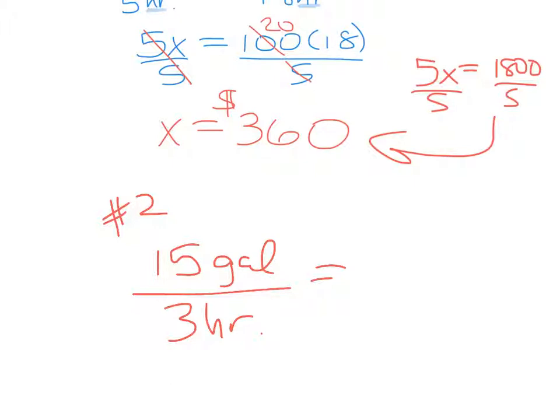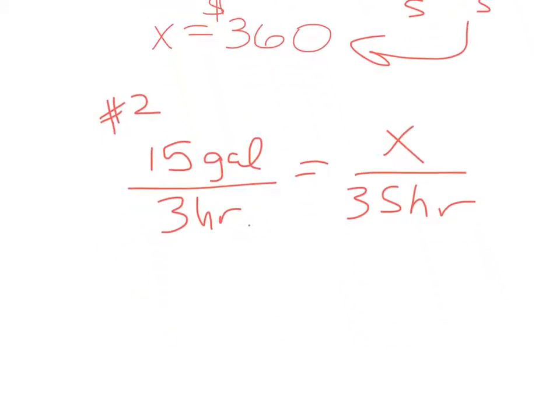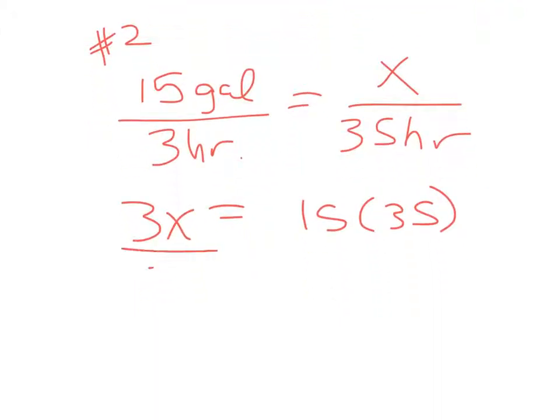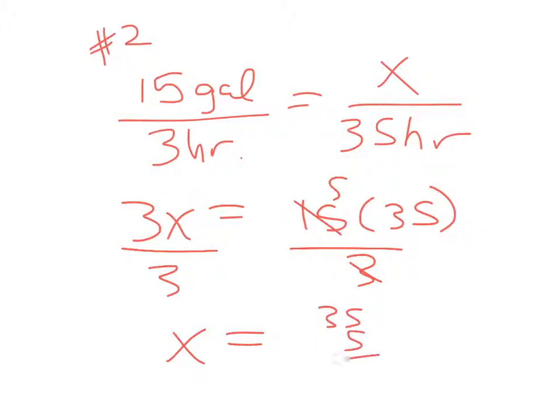So here again, I'm going to put the hours across from each other, and then I need to figure out how much it's going to use. So again, cross products, 15 times 35. I can multiply 15 times 35 or simplify this, 5. And now I'll just multiply 35 times 5, and I get 175. So I like to simplify it. You don't simplify it with both of the numbers, just one.